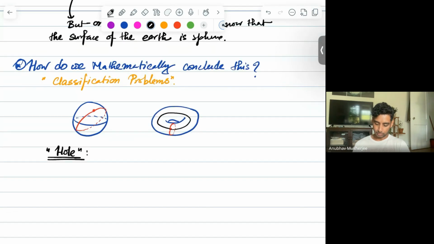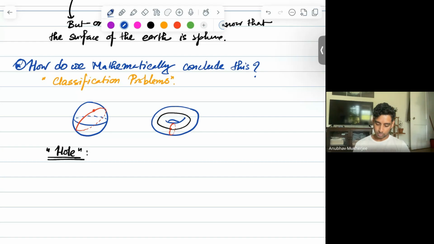So let's again try to understand these two objects and see what different situations we can find.